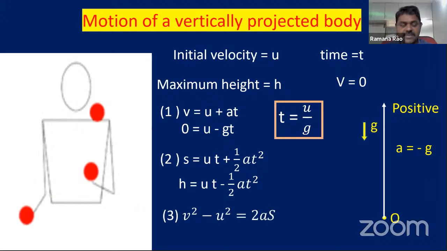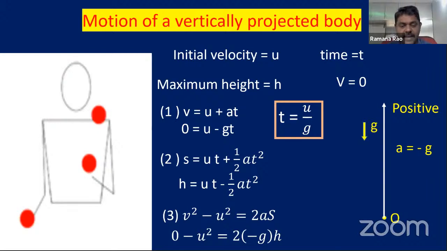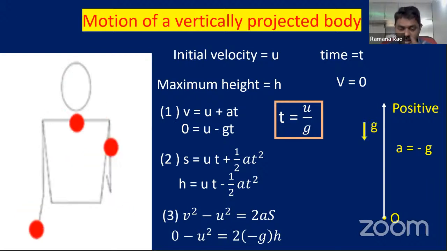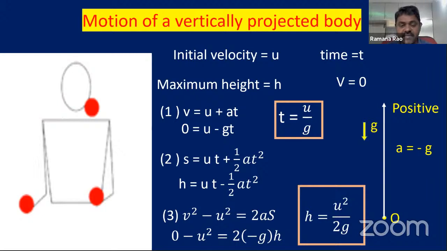And v square minus u square is equal to 2as, and v is 0. So minus u square is equal to 2 into a, which is minus g, and s is h, as you can see in the diagram. So h is equal to u square by 2g. This formula is very important to find the maximum height.